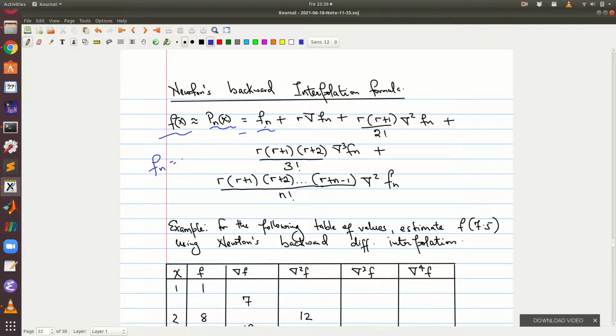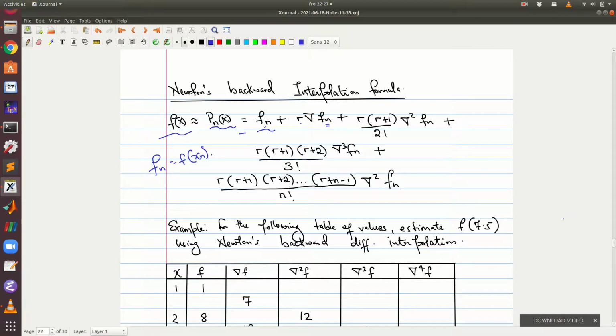F of n is going to be f evaluated at the point xn, and then plus r, which we are going to define shortly, times the backward difference at x equals xn, and then r into r plus 1 over 2 times the second backward difference at x equals xn, and then plus the usual as it follows, r into r plus 1 into r plus 2.